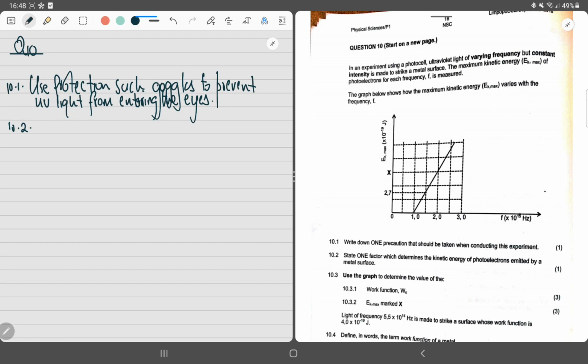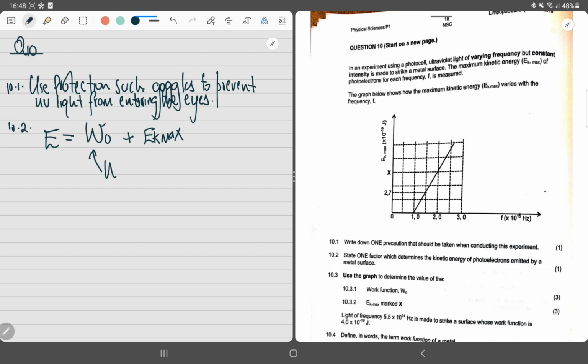10.2. State one factor which determines the kinetic energy of photoelectrons emitted by a metal surface. Let's look at this formula. So we want to know what influences the EK max. So think about it.